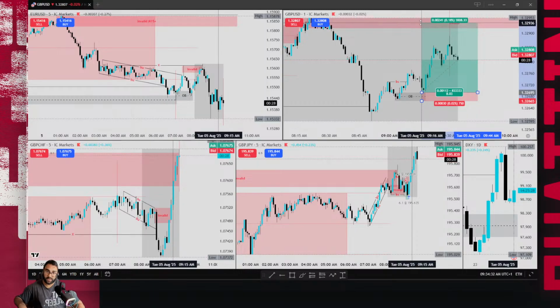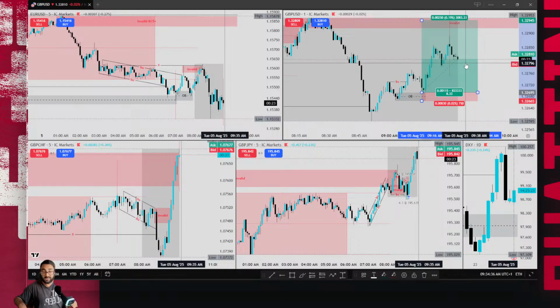But I think 25 is a good zone. I want data to align with that also. If data aligns with it, it's even better.